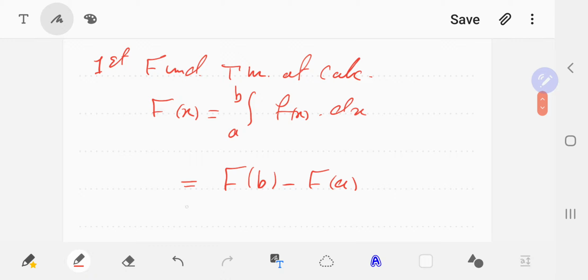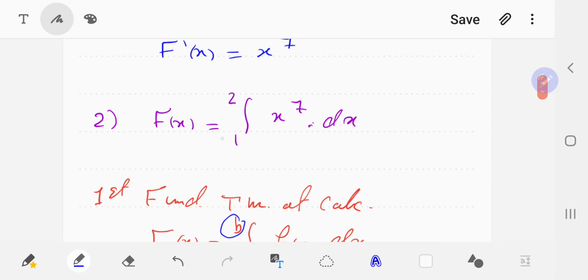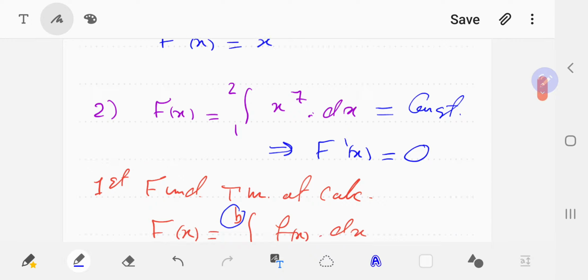So if I have a definite integral, then the answer will be F of b minus F of a, which, since these are numbers, will be a constant, a number also. Since it's a constant, then such an integration will give me a constant. So in this case, F prime of x will be equal to 0 immediately. No need to think about it.